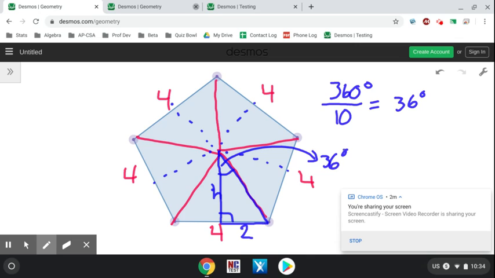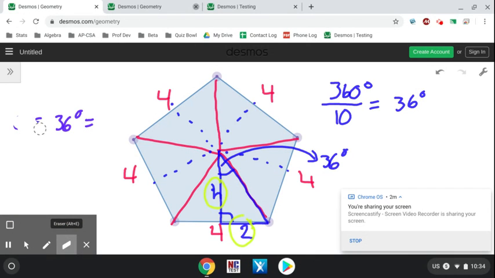Now, I can use my trig and say what trig function relates my base of 2 to my height h, and the trig function I'm looking for is cosine. So as I go here, I'm going to have cosine, and then the angle I had was 36 degrees will be equal to, actually, I've picked the wrong trig function.